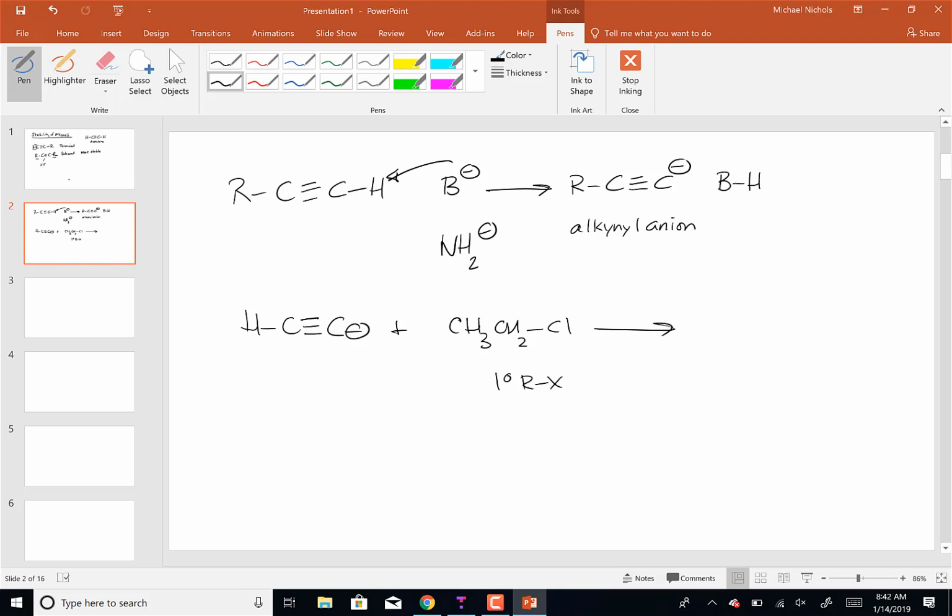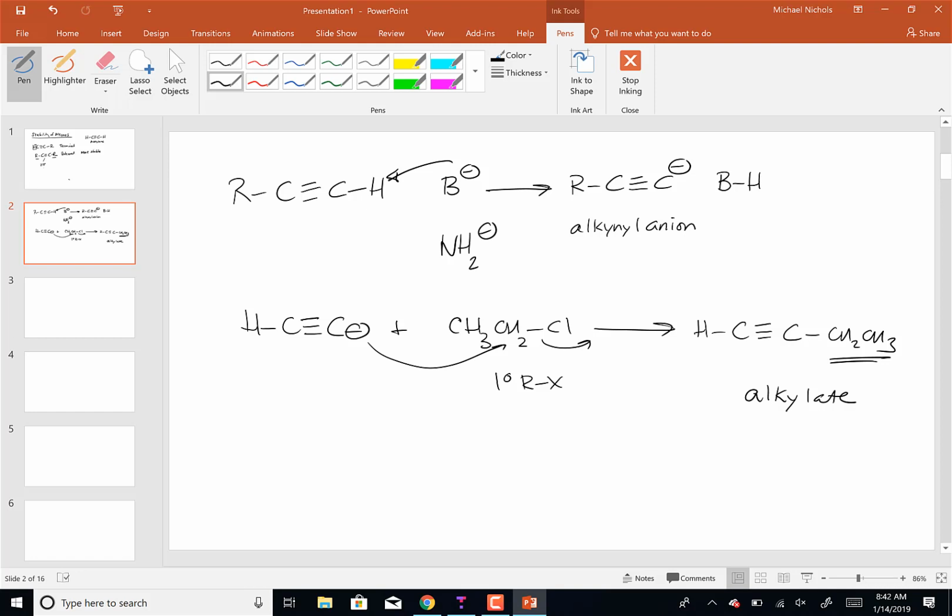They'll act as a strong base in a moment. Okay, so then what happens? Sn2 reaction, our standard Sn2 reaction, and so now I can do an alkylation reaction to put an alkyl group at the end of the alkynyl anion.